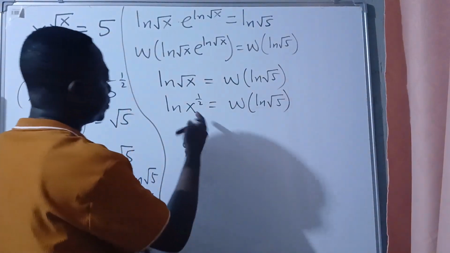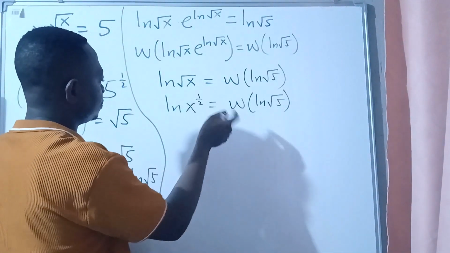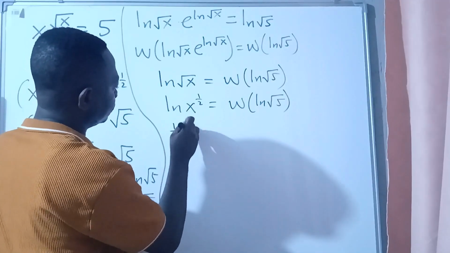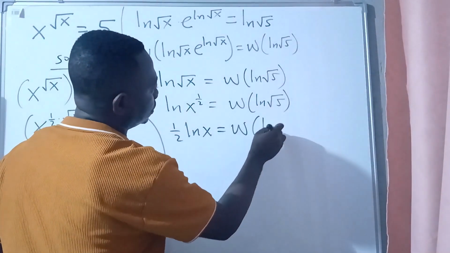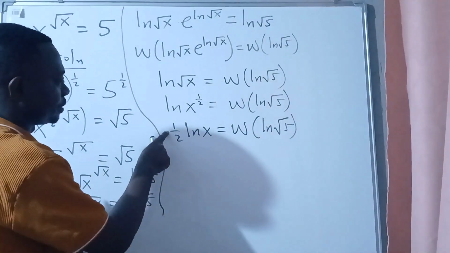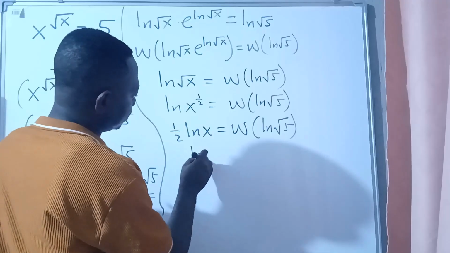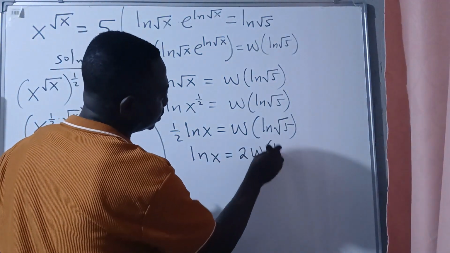We are doing that because we want x to be free. This one is a power rule which will come behind. That is half ln of x equals the W function. So let's get rid of this half as we multiply both sides by 2. And this side, ln of x equals 2 times the W function.